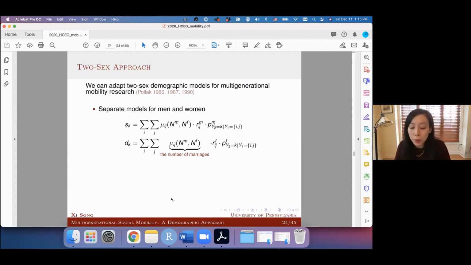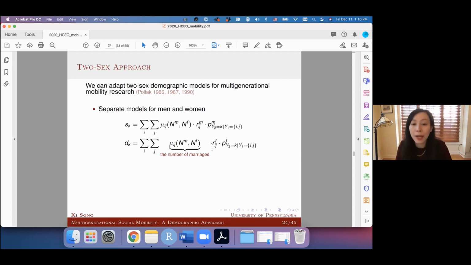Essentially, we can modify this multi-generational model by introducing the number of marriages. So we add another component into the model. If we can determine the number of marriages in a population, this is to assume that fertility can only occur within marriages.